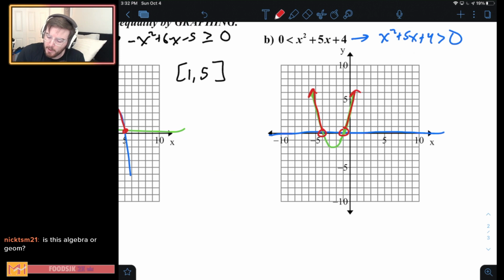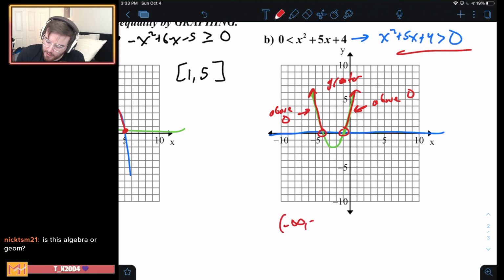Starting there and going up. These pieces are above 0. Therefore, they're greater than 0, as it says. So I would write those two solutions as -infinity to -4, not including it, so, whoops, parenthesis, and -1 to infinity.